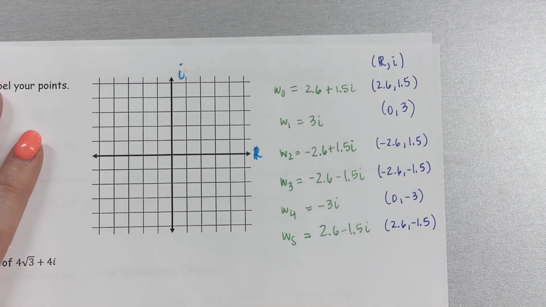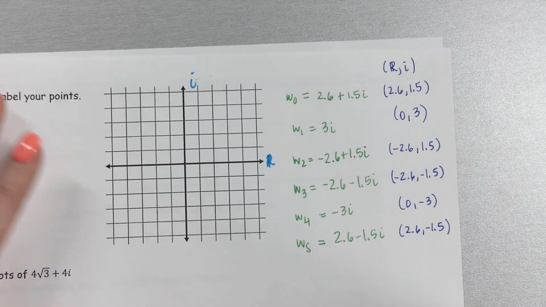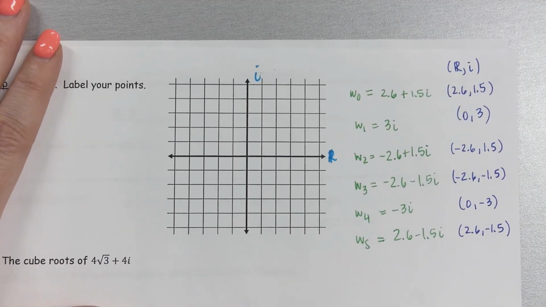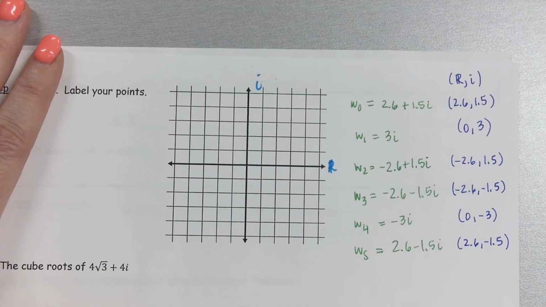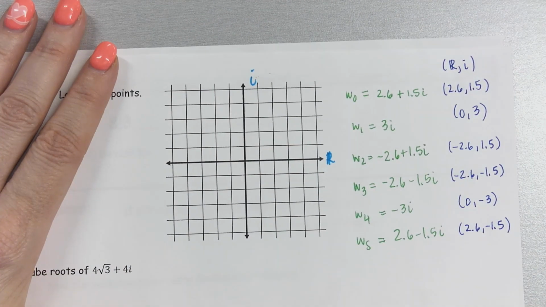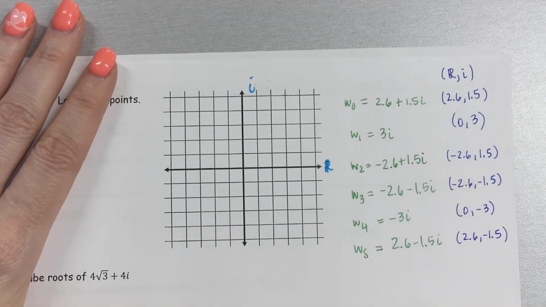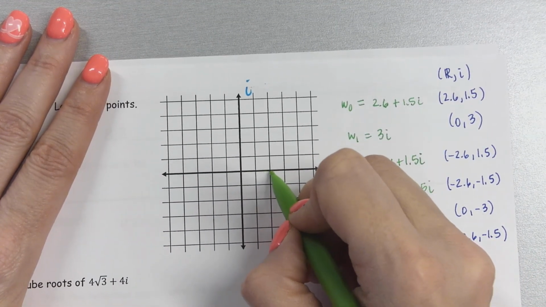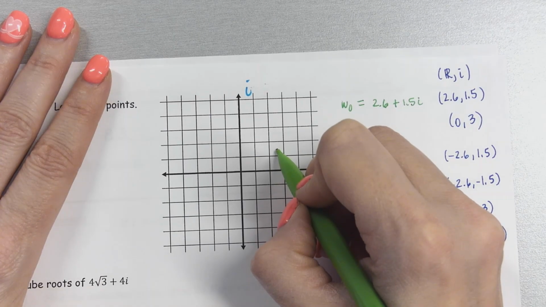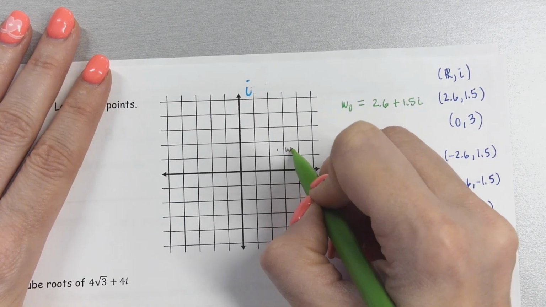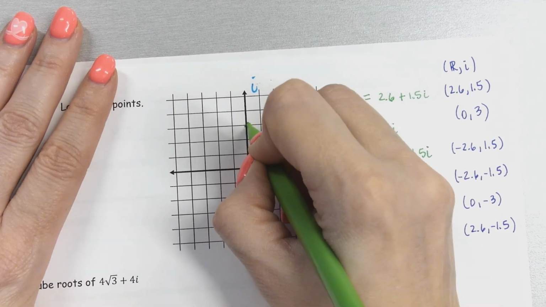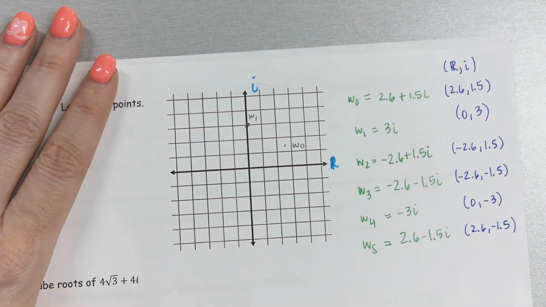And I am going to plot mine with a pencil because mistakes happen. And then I'm going to tell you what kind of shape it is. And whenever you do your graph of these, it is always going to be this shape. So if I do 2.6, 1.5, here's 1, 2, about 2.5, 1.5. This is your W sub 0. 1, 2, 3, 0, 3. That's your W sub 1.